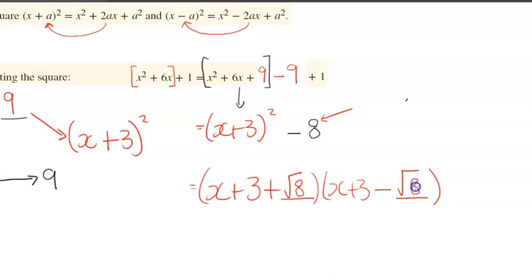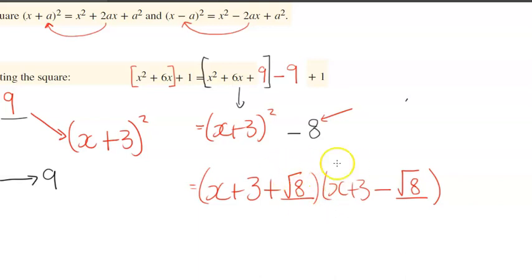So in this case, we have x plus 3 plus root 8 and x plus 3 minus root 8. So we've finally got to a format where it's factorized. It's not perfect and it looks relatively complicated. I remember the first time I saw this, I was like, what is going on?